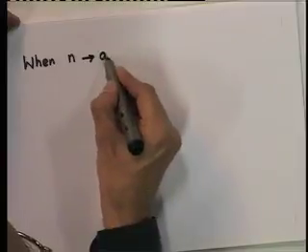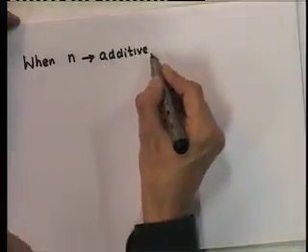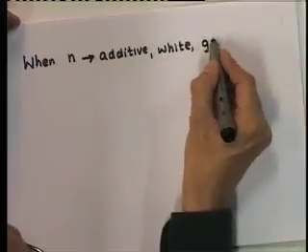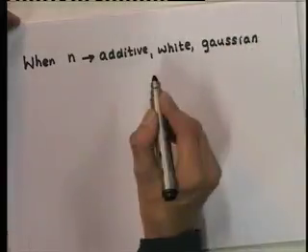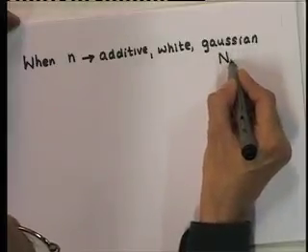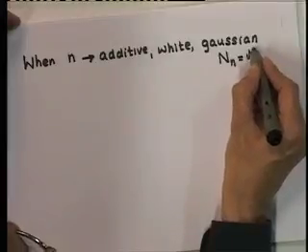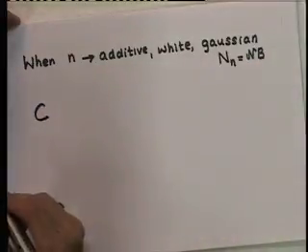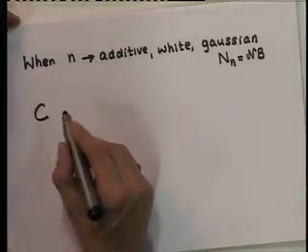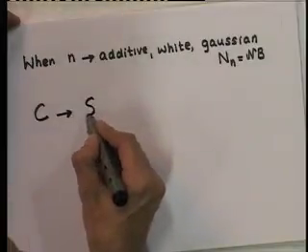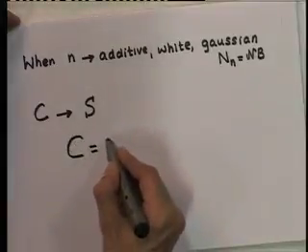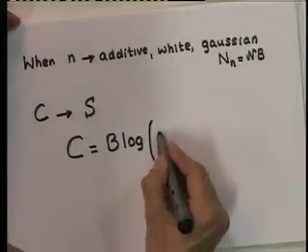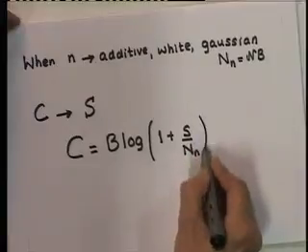So, to recapitulate, when the channel noise is additive white and Gaussian with the mean square value given by n subscript small n, which is equal to twice the power spectral density multiplied by the bandwidth, then the channel capacity C of a band limited channel under the constraint of given signal power S is given by C is equal to B times log of 1 plus signal to noise ratio.